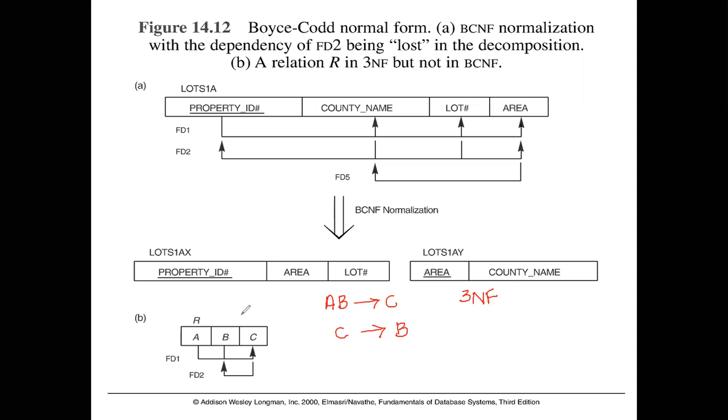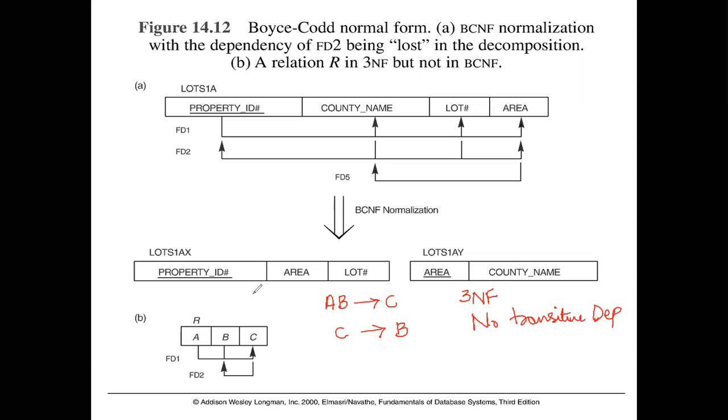So is there a transitive dependency here? A and B both determine C and C is determining B. So there is no transitive dependency. So if there is no transitive dependency, we can say that this particular relation is in 3NF.